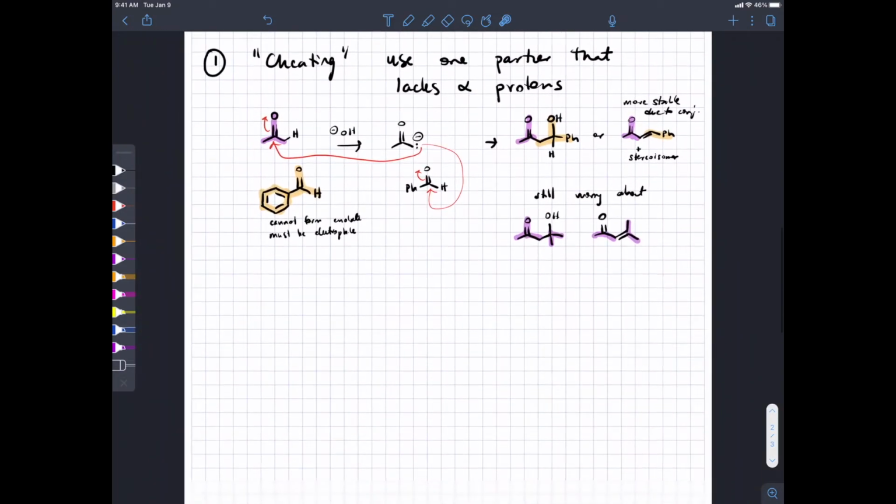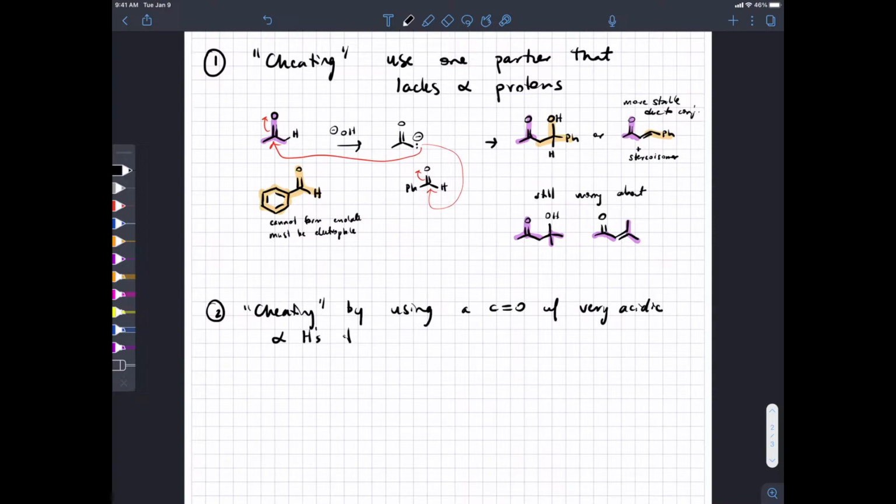The second is sort of also cheating by using a carbonyl compound with very acidic alpha protons to preferentially make an enolate.